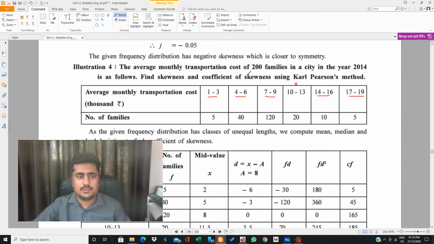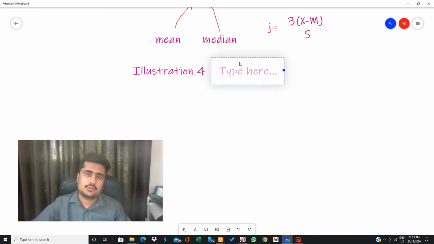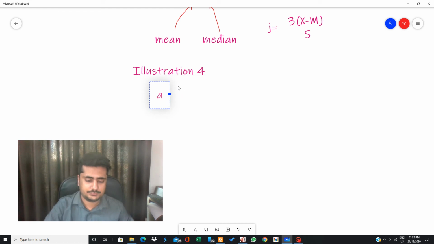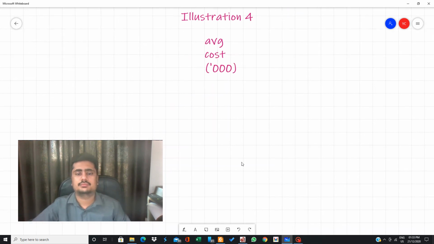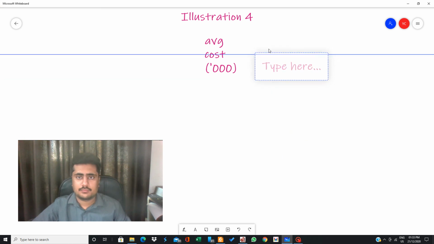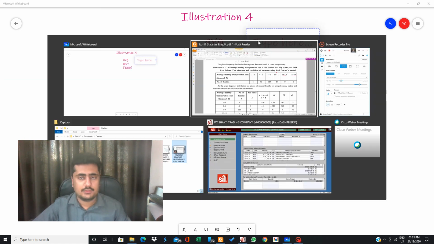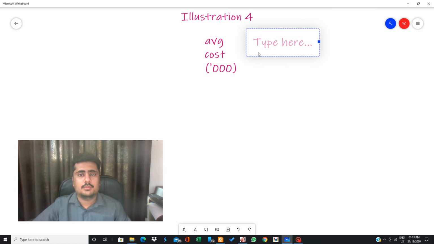Average monthly transportation cost is given. Average cost in thousands, you can say. Then what is given? Number of families is given.